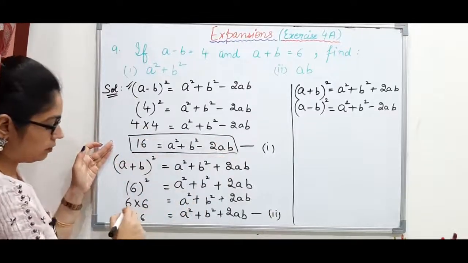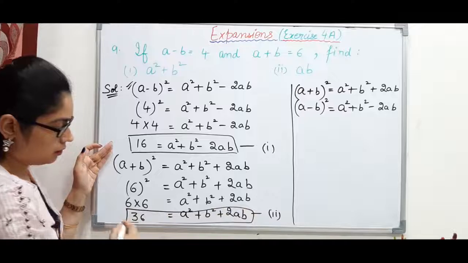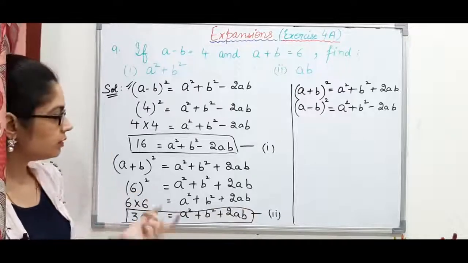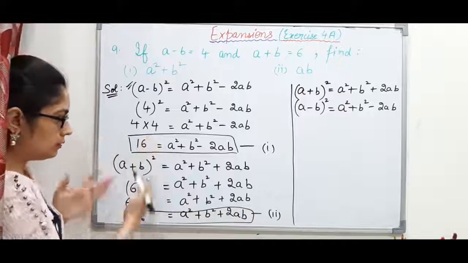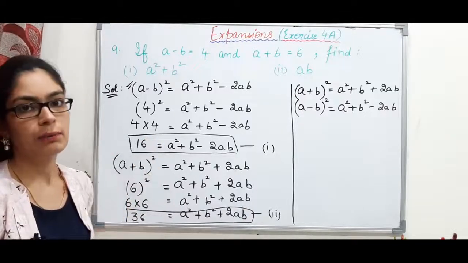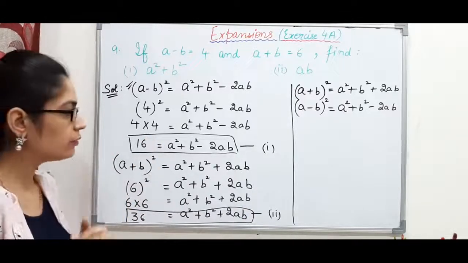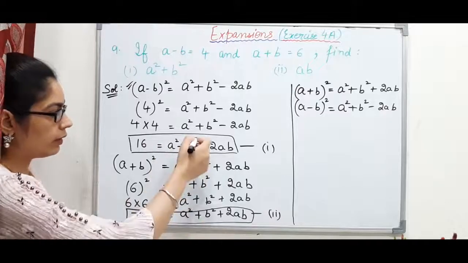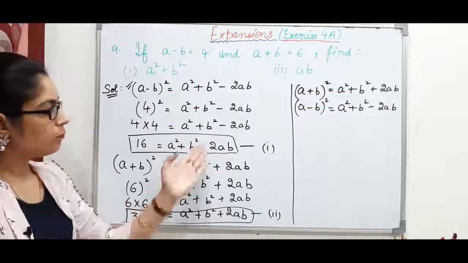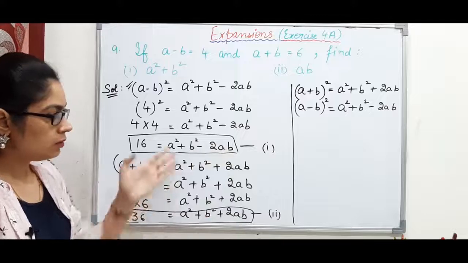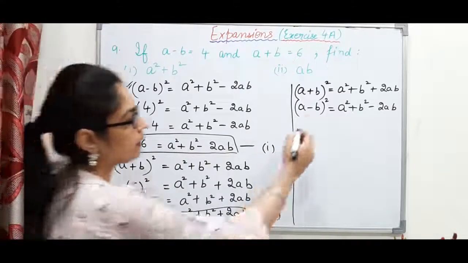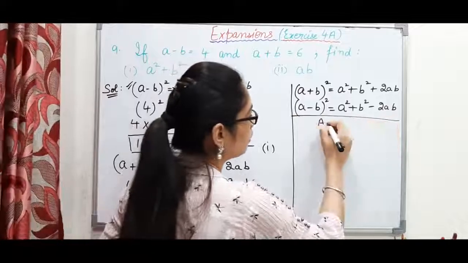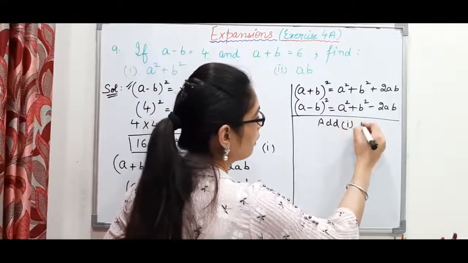Now see, number 1 and number 2, these two equations have similar terms or like terms. 16 and 36 are similar to each other because both are natural numbers. A square, b square, minus 2ab, plus 2ab: all of these are like terms. So what we can do here is add 1 and 2.